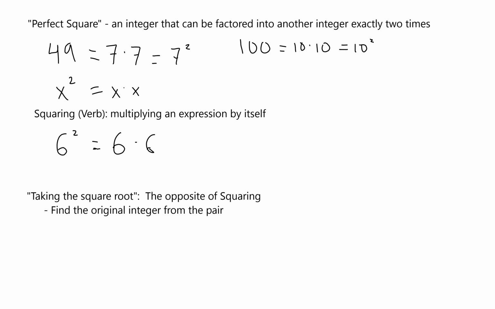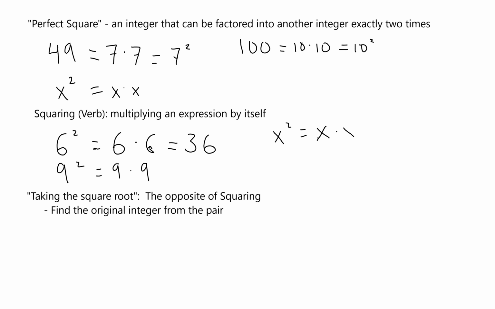So 6 times 6, and that is equal to 36. 9 squared is 9 times 9. And you could say that's 81 if you'd like to, but x squared, I'll just remind us, is x times x.